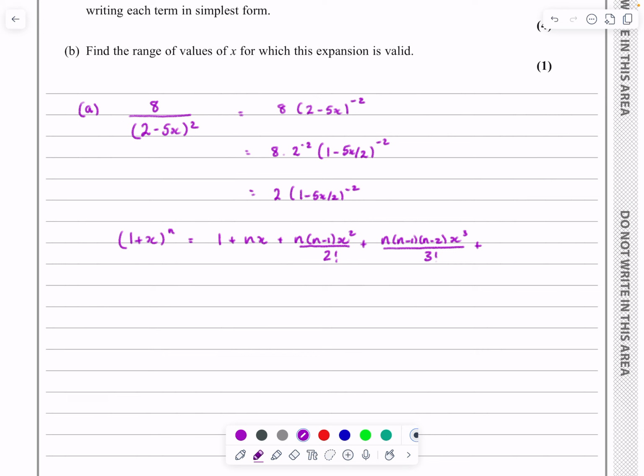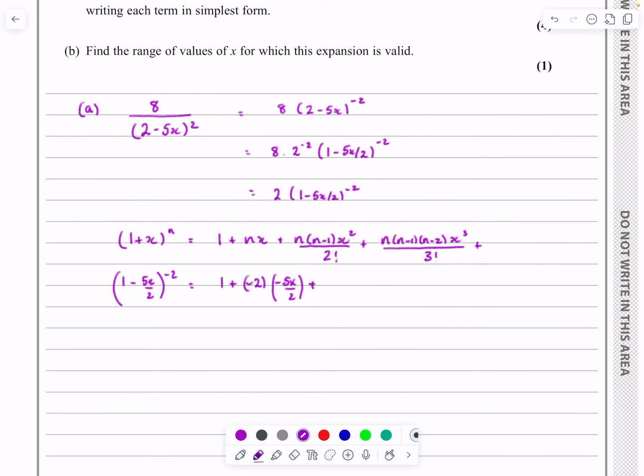So if I do that then, for 1 minus 5x over 2, all to the power of minus 2, I'm going to get 1 plus, well, n is minus 2, and my x is minus 5x over 2, plus, and then just keep going through and doing those.